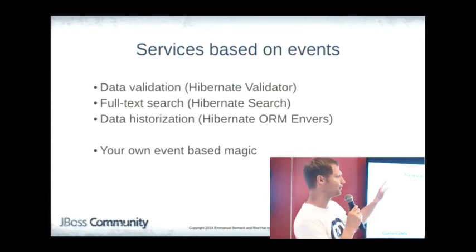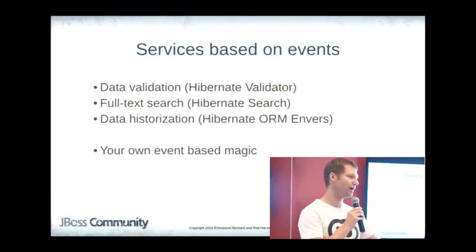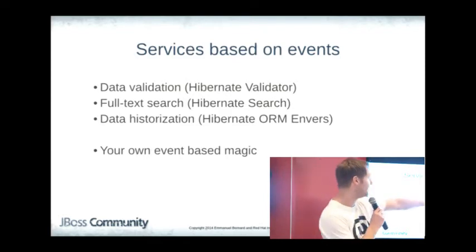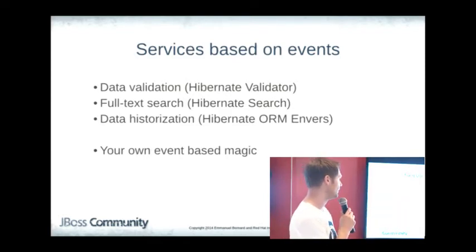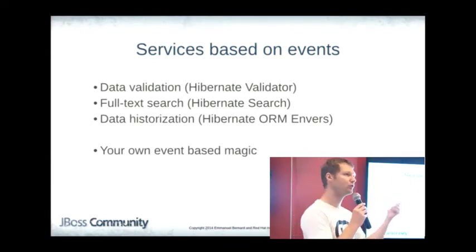So these are examples of stuff working for Hibernate ORM, but also Hibernate OGM. Envers does not work yet for OGM, but that's coming. And you can see how you could listen to events and do some kind of interesting operation on your IT system.